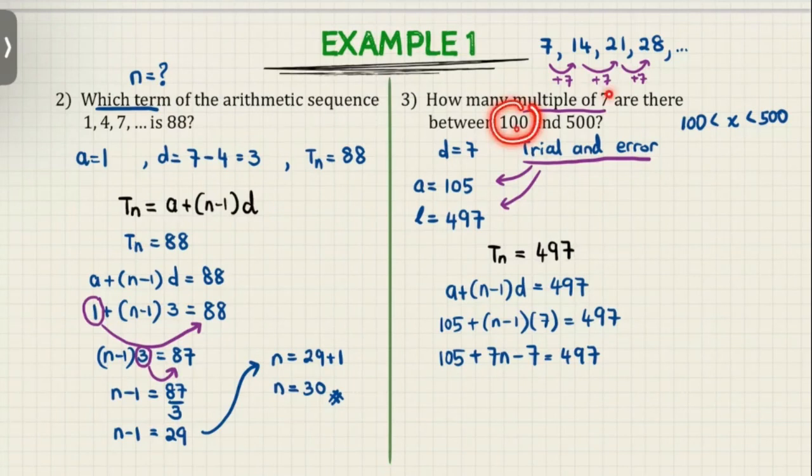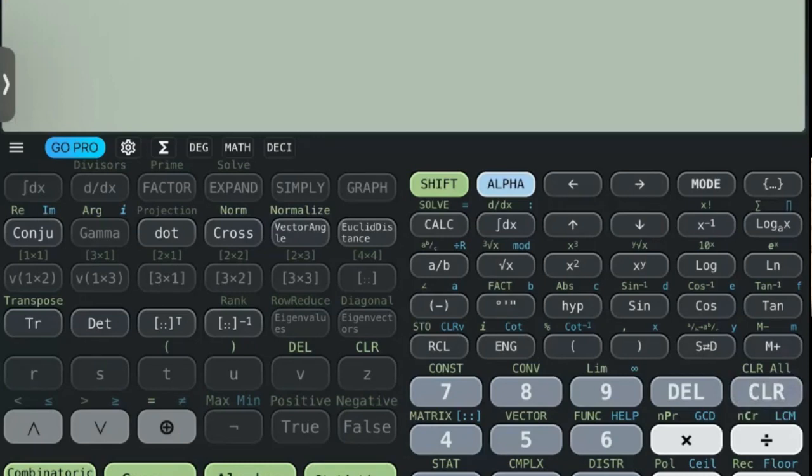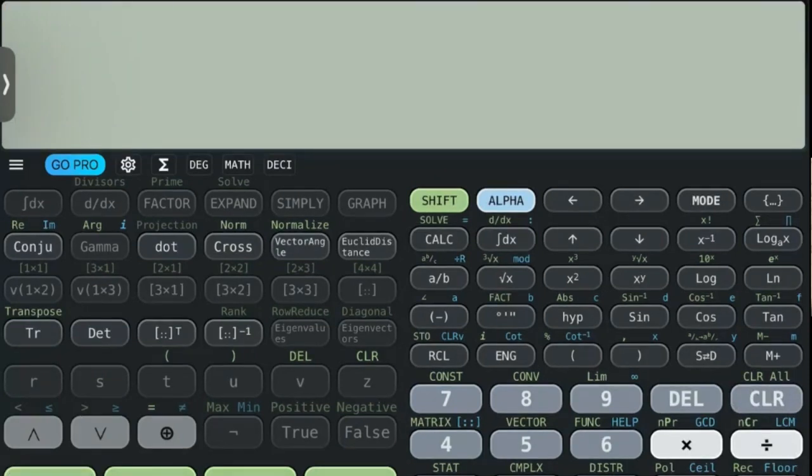So, the first term tu datangnya daripada first digit yang bila kita bahagi dengan 7, kita akan terus dapat whole number. Dia tak ada decimal, dia bukan fraction. So, let's say if I tried 100 bahagi dengan 7. So kita dapat decimal.